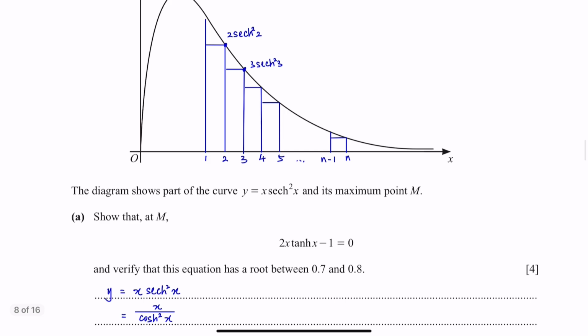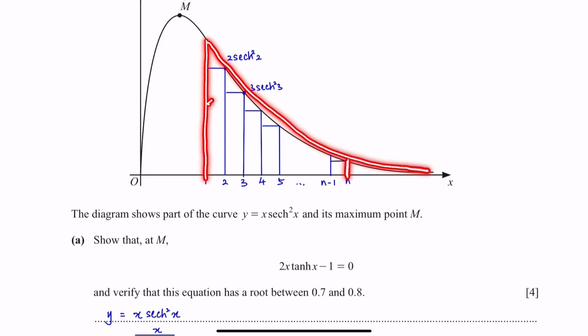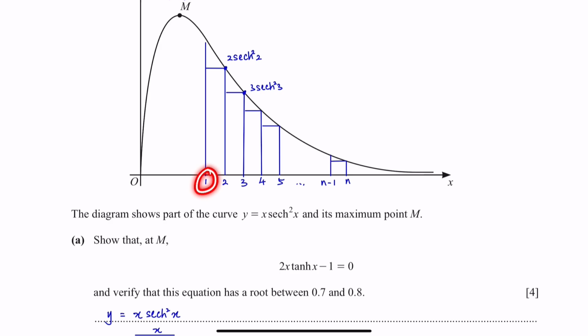Okay, for the areas of rectangles, we have it starting from this line all the way to here, right? So we are estimating the areas here. So similarly, we need to integrate the graph from 1 to n instead of 2.